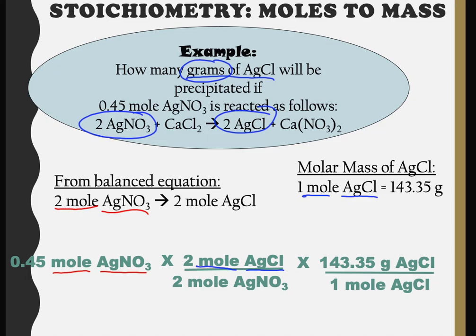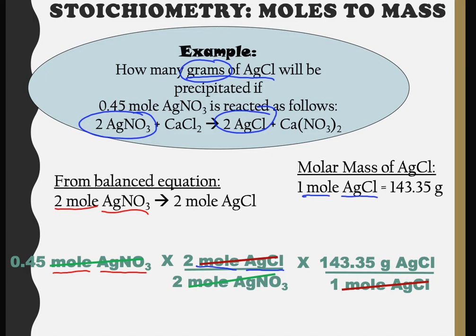And so it's set up in a way so that all of my units cancel out. I'm left with grams of silver chloride is the only unit I have left, which is what I'm solving for. And so now I just do the math. So this is what I meant at the beginning, that this is really just math acrobatics.